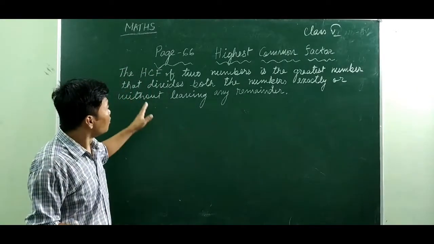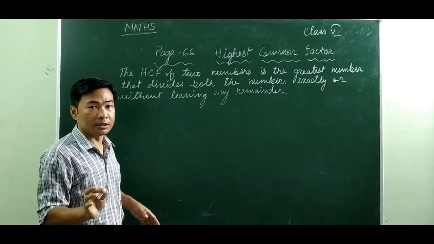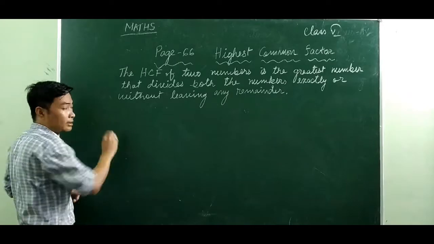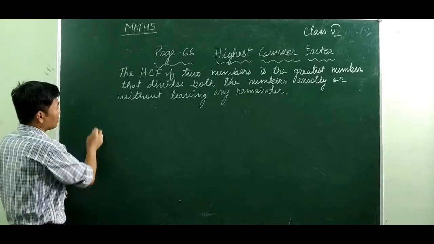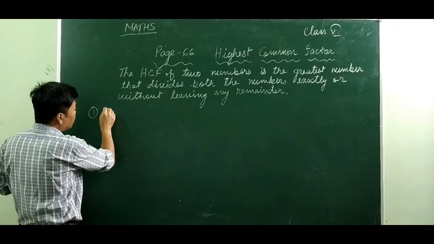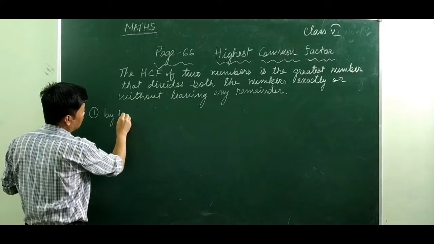To find the highest common factor, we have three methods. Let's start with all the three methods first. Number one, by listing all the factors.